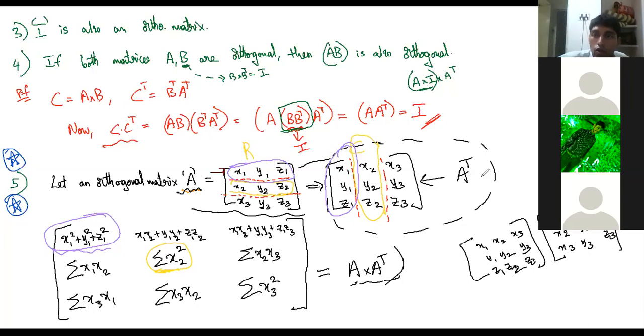Okay. Now when you do the matrix multiplication of both of these, exact same steps hai. Are you guys understanding? Abhi tak jo kiya, we'll do the same steps again. But now instead of x1 square plus y1 square plus z1 square, we'll get x1 square plus x2 square plus x3 square. And that should turn out to be 1.